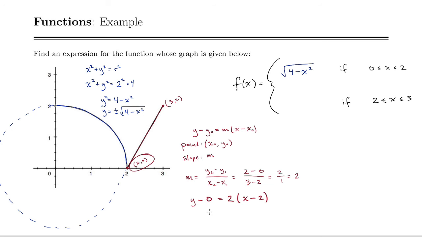So y minus 0 is just y. And then multiply the 2 and you get 2 times x. And then 2 times the negative 2, which is minus 4. So that's the equation of this line. So this is the expression that represents this curve here, which we assume starts there and ends there.